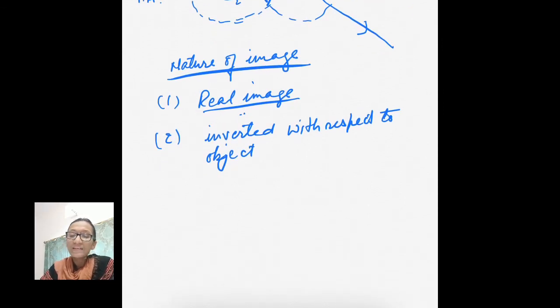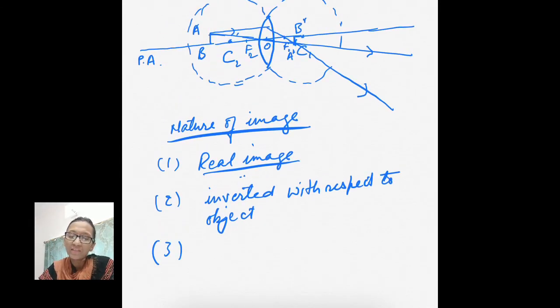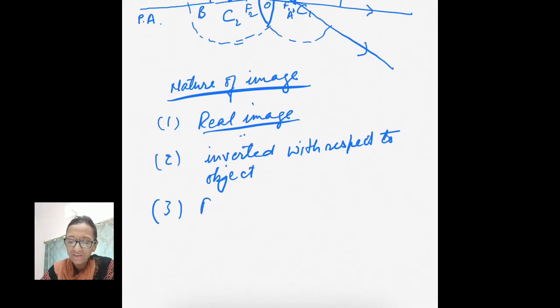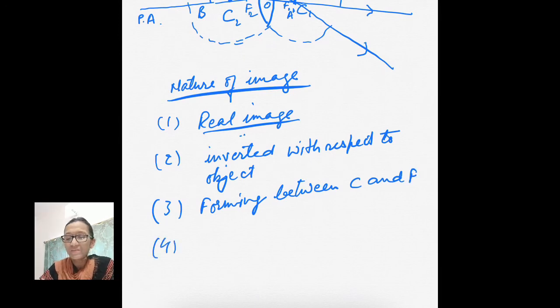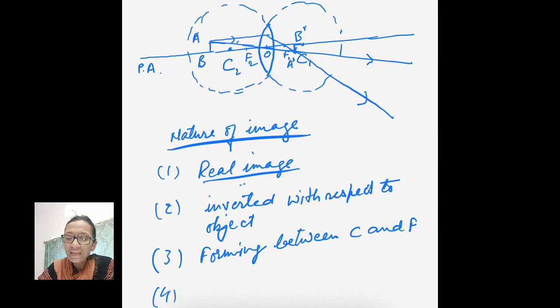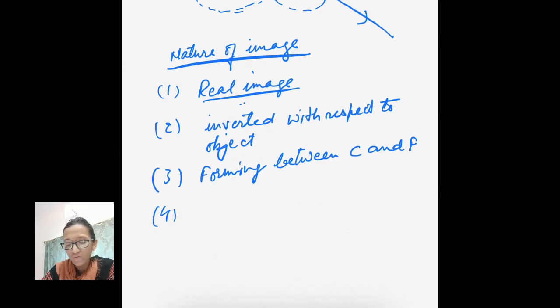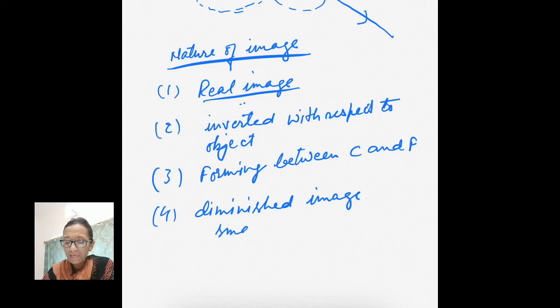Now, when the object is beyond C, then the image is forming between C and F. And last but not the least, it is clearly visible that the object height is greater than the image height, meaning the image is smaller, the size of the image is diminished.